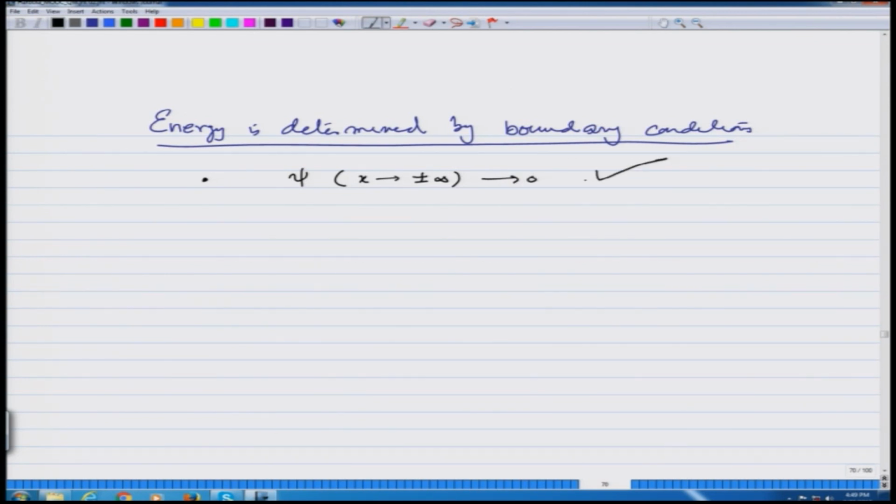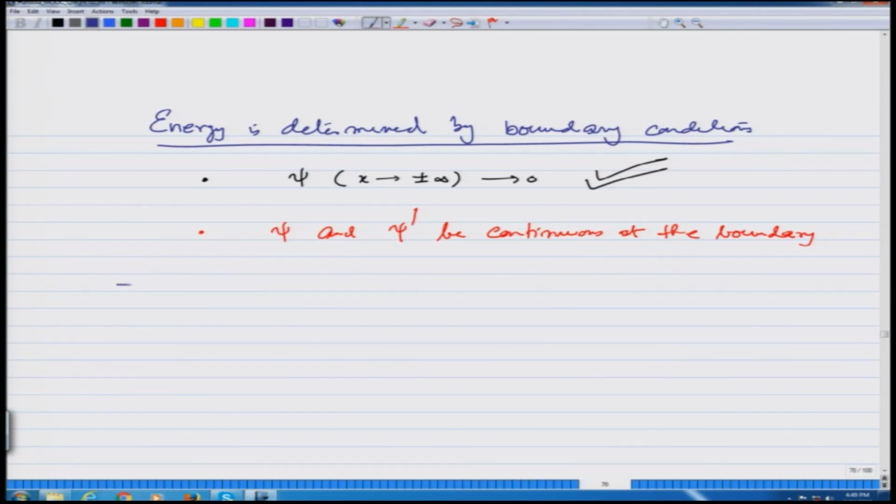This is already done. So, the only other boundary condition that remains is that the wave function psi and psi prime be continuous at the boundary. So, what does that mean?